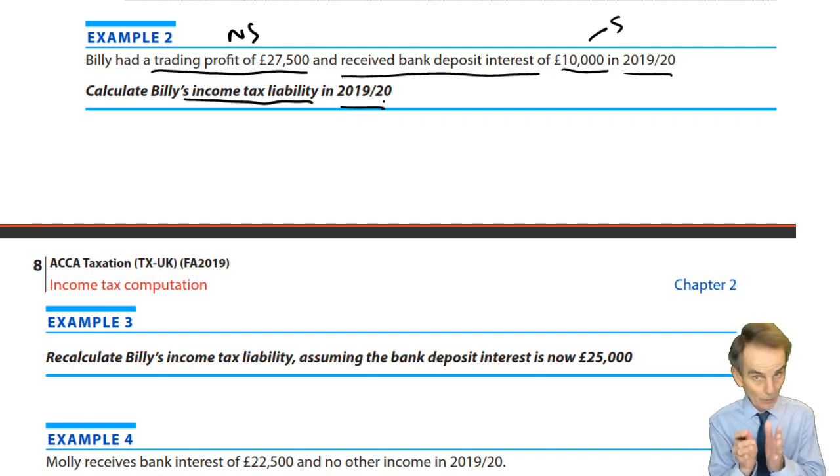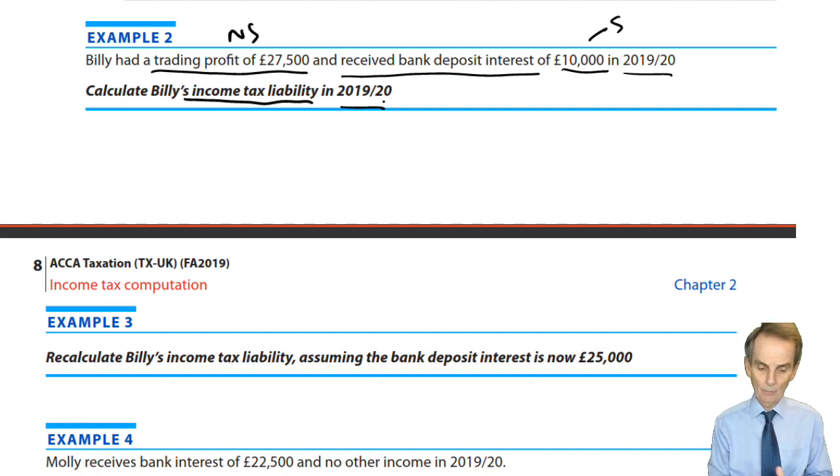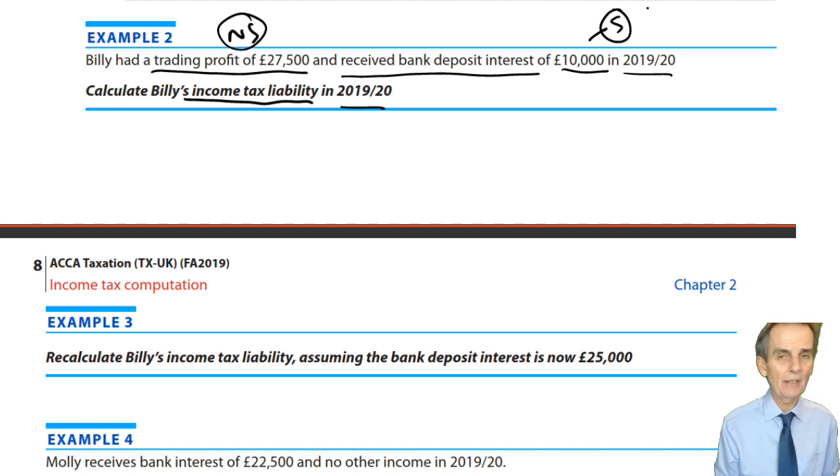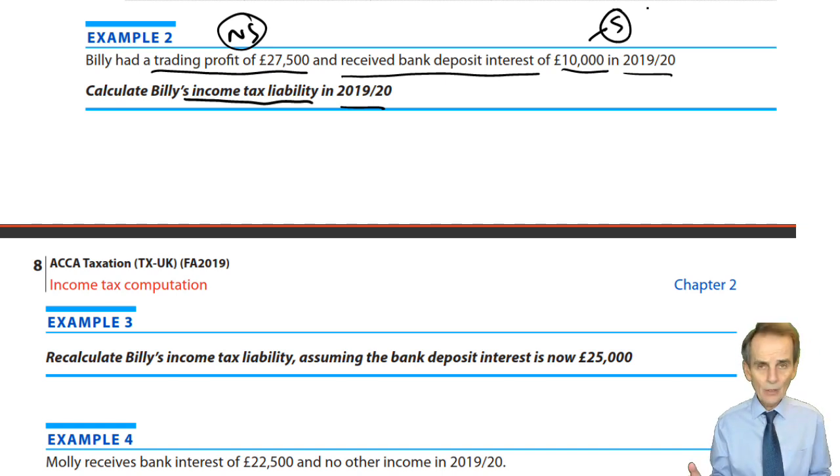So what I want you to do here for a moment, if you pause this in just a second, is to set up your pro forma income tax computation as is relevant. What is relevant? We have identified non-savings and savings income. No dividend income, so you don't need a dividend income column.